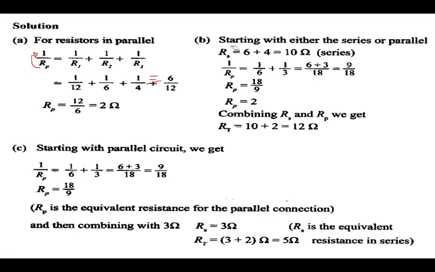In case B, starting with either the series or parallel arrangement, remember, in series we have these 2 resistors, 6 plus 4, which is 10. And in parallel we have these 6 and 3, so you treat these as if they're in parallel circuit. Simplify. What you get, don't forget to invert.